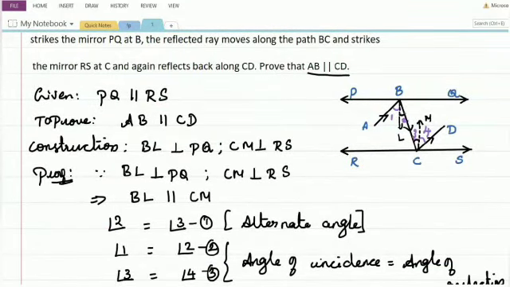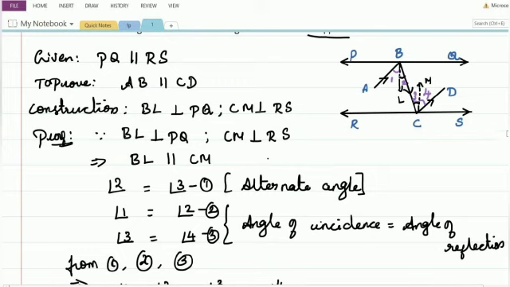Angle of reflection will be equal to angle of incidence, so angle 1 will be equal to angle 2 and angle 3 will be equal to angle 4. When we compare these three equations, all the four angles are equal. Now I am going to add equations 1 and 2: angle 2 plus angle 1 equal to angle 3 plus angle 2. Since all the angles are equal, I have replaced angle 2 by angle 4. You see the diagram, when you give the namings, it is ABC equal to BCD. So since alternate angles are equal, AB is parallel to CD.